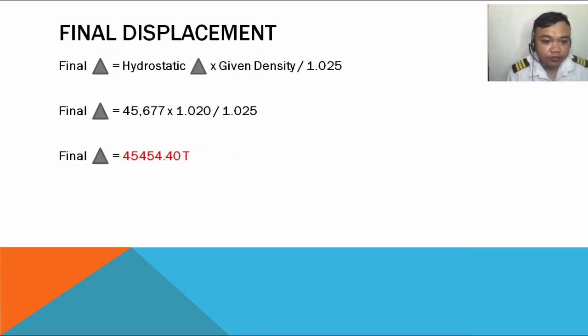But in this example, we have 1.020, so we need to calculate. So 45,677 times 1.020 divided by 1.025. That would be the final displacement, 45,454.40 tons.